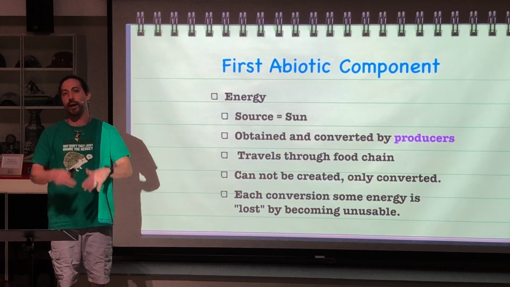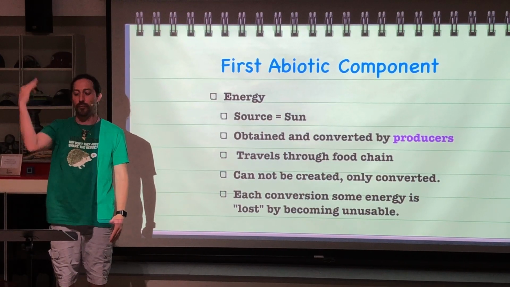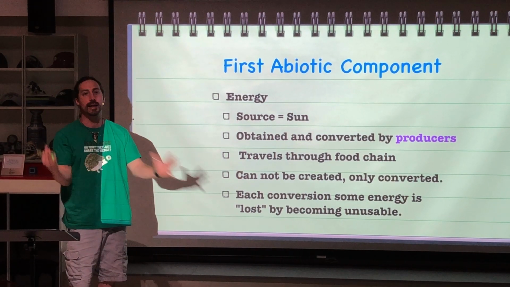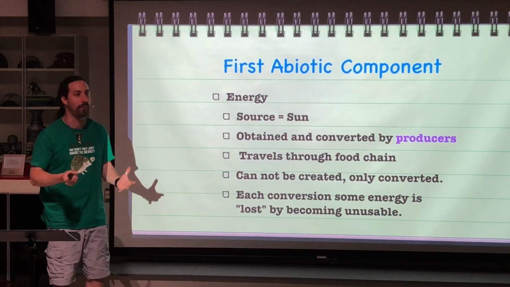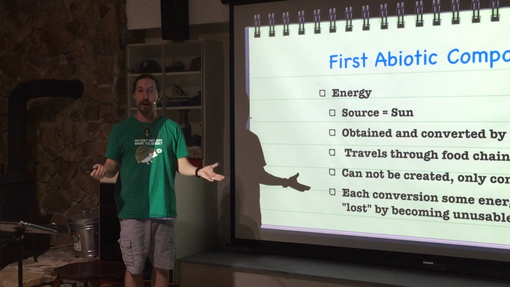So just be aware that energy starts off at the top from the producers and then works its way through the food chain, and that's the process that's going to take place. And that is going to be extremely important for our ecosystem, for our biome, for our biosphere.